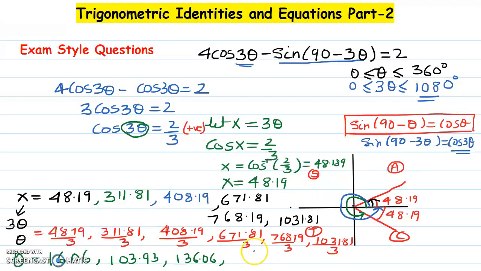Then 671.81 divided by 3 is 223.93, and 768.19 divided by 3 is 256.06, and the last value will be 343.93.